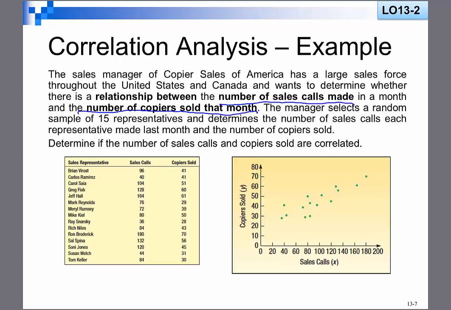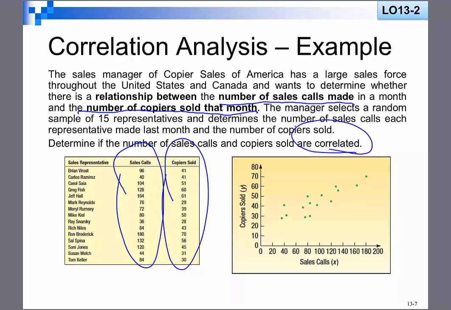As per usual in statistics, you find a sample. This person took a sample of 15 representatives, as we see right here, of calls made and how many copiers were sold in that particular month. So determine if the number of sales calls made and copiers sold are correlated.